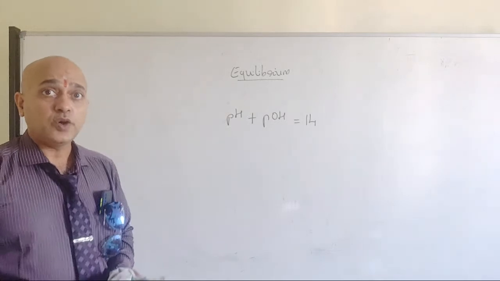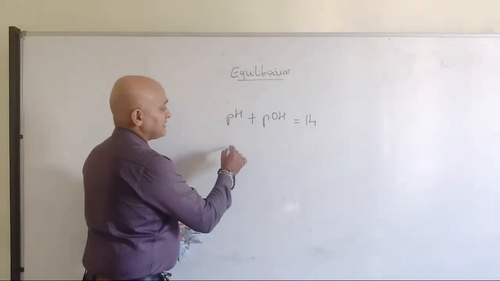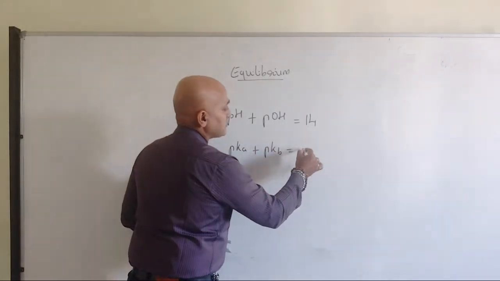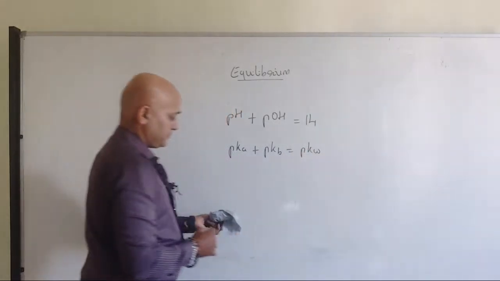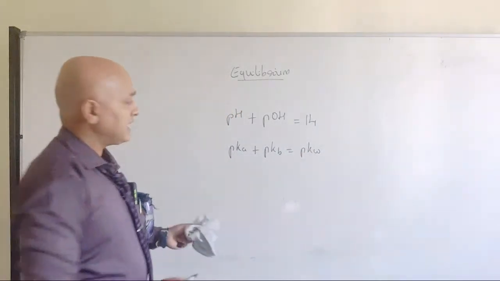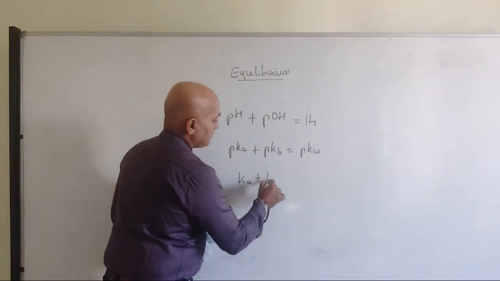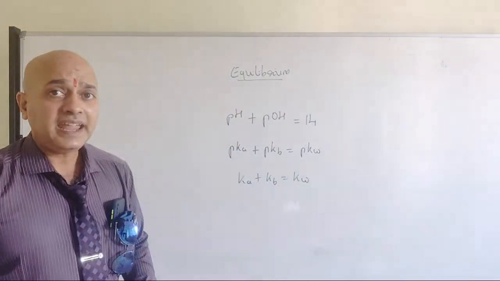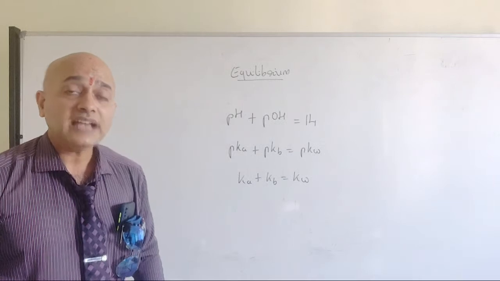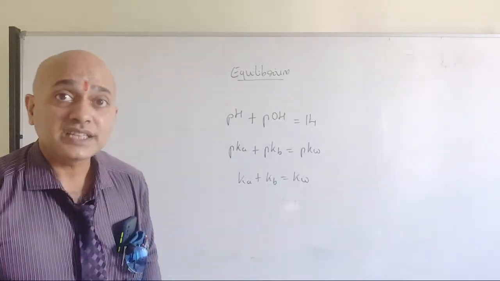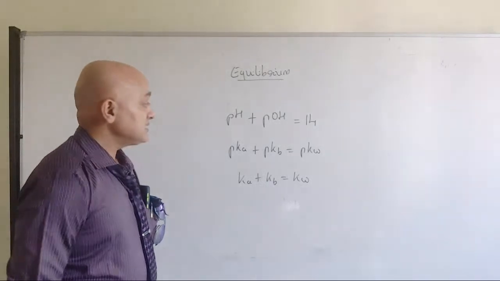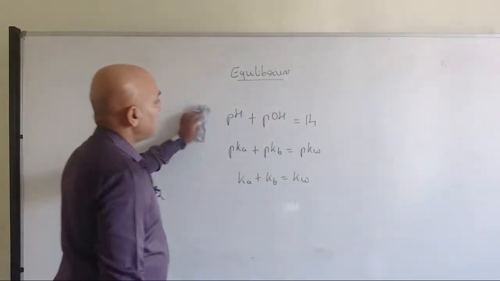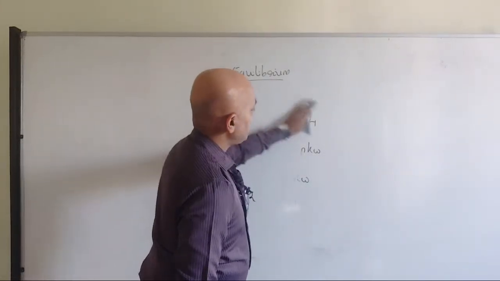Now since you people know Ka and all, we can tell that pKa plus pKb is equal to pKw, or I can tell that Ka times Kb is equal to Kw. What is Ka? Dissociation constant of the acid. What is Kb? Dissociation constant of the base. What is Kw? Ionic product of water. Fine. So those are some of the equations which you have to remember.